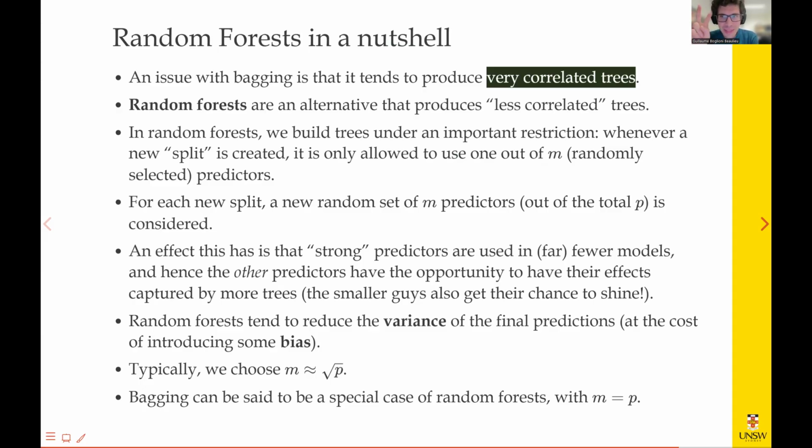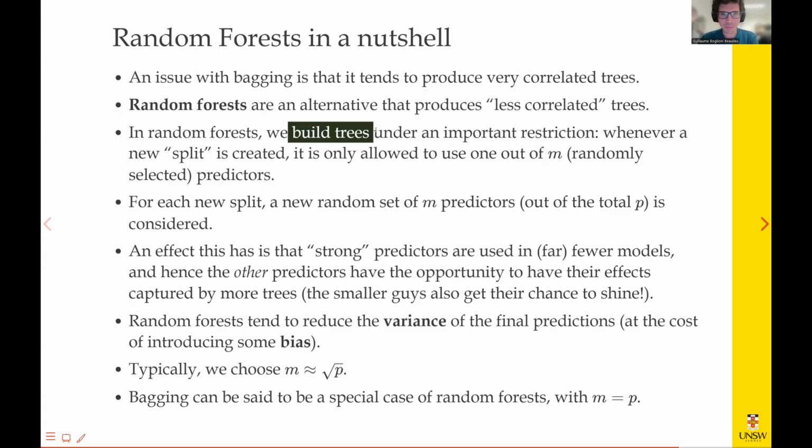How do we decorrelate our trees? Well, let me read what's there, and then let's explain if it needs explanation. In random forest, the only tweak we make is in how we build our trees. Single trees are grown just as a single tree was grown in the first part of this lecture. But now we make an important restriction.